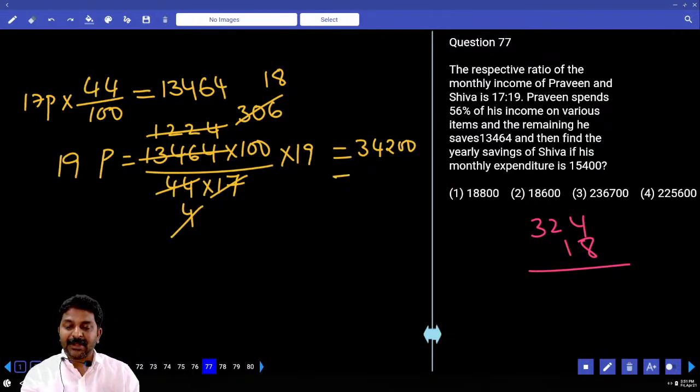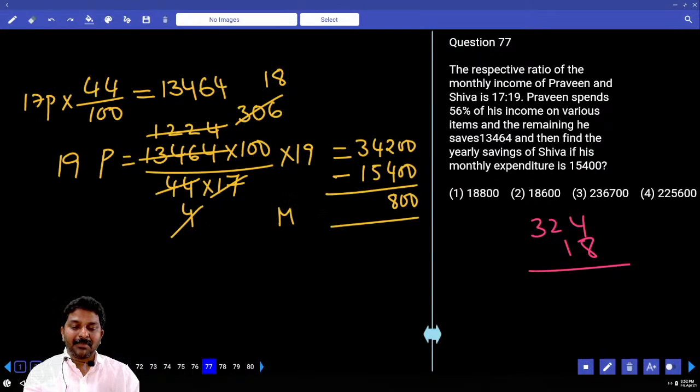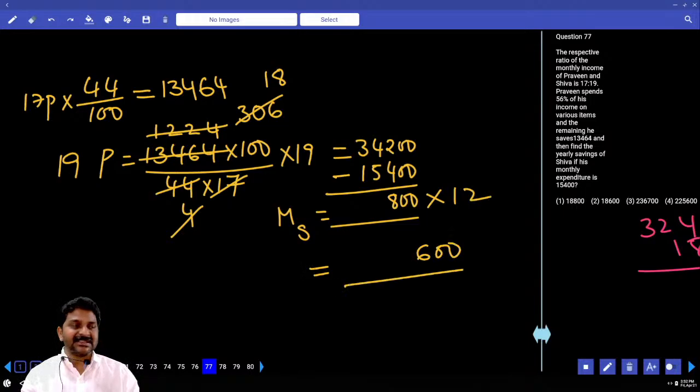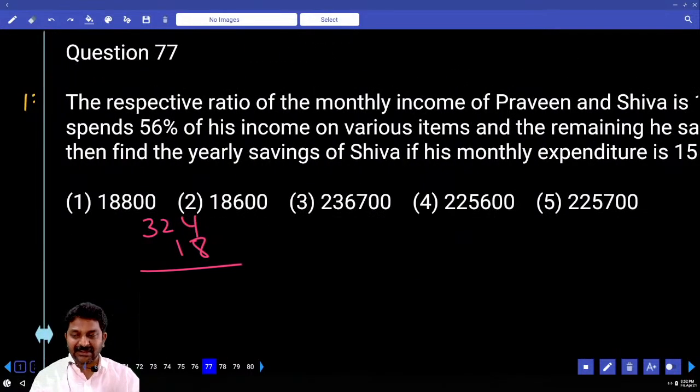From this, if you subtract monthly expenditure, which is 15,400, this value ends with 800 only. What is this? Monthly savings of Shiva. And to calculate yearly savings, this must be multiplied with 12 only. That means the answer must end with 600 only. Yes. How many options are ending with 600?